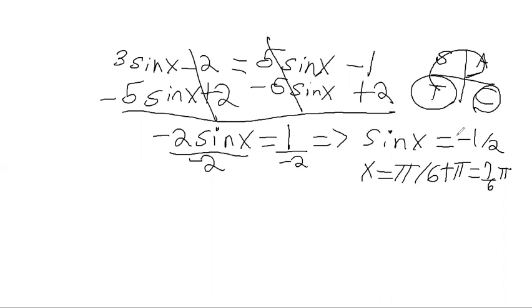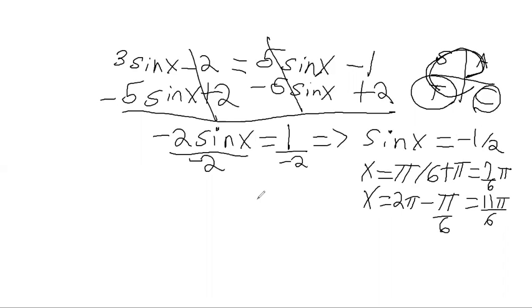And then for the fourth quadrant, go around again. It's not quite 2 pi, so it's going to be 2 pi minus pi over 6, which gives me 11 pi over 6.